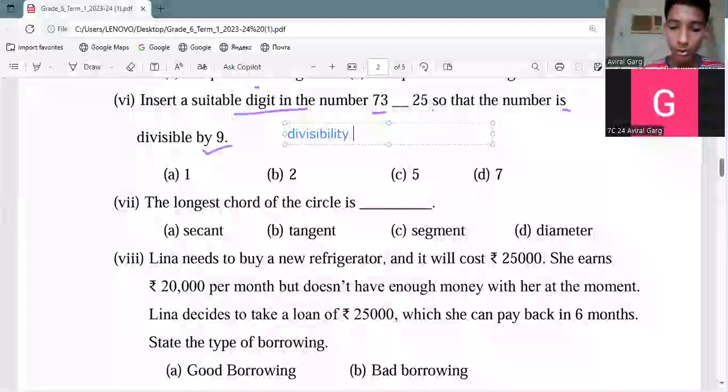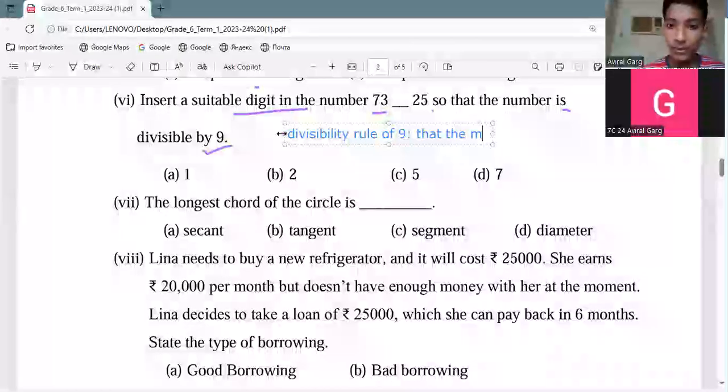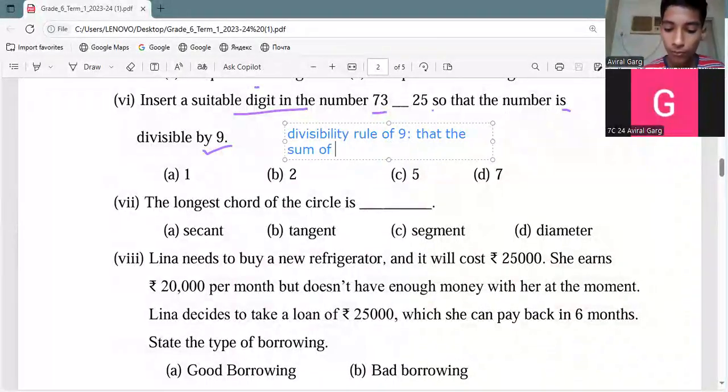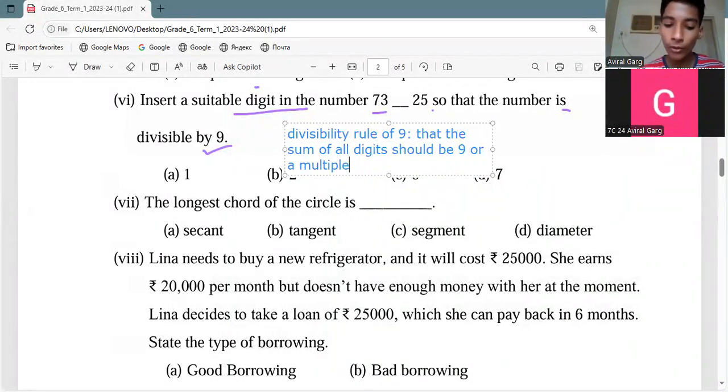The divisibility rule of 9 says that the sum of all digits should be 9 or a multiple of 9.